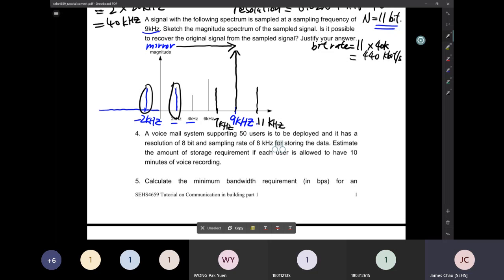Okay. Now again, I leave this question as your exercise, and you can try this question. And afterwards we will finish question 4 and question 5 with you. Now, any question on question 3?